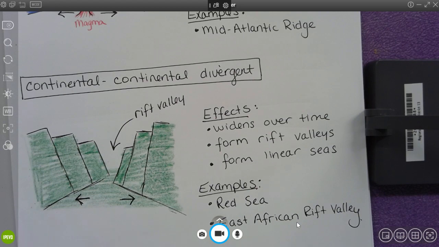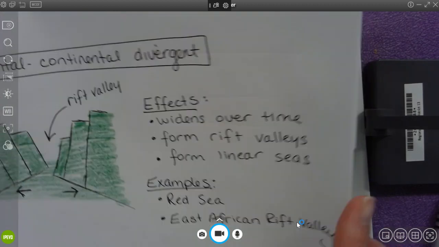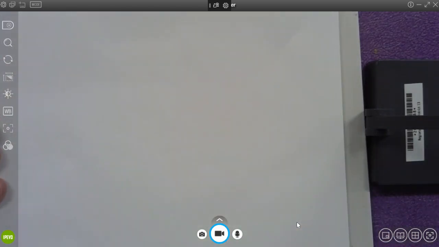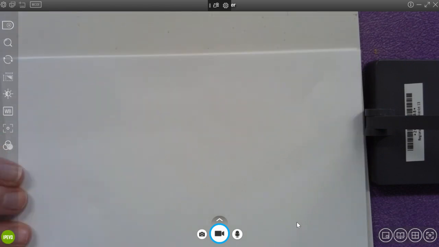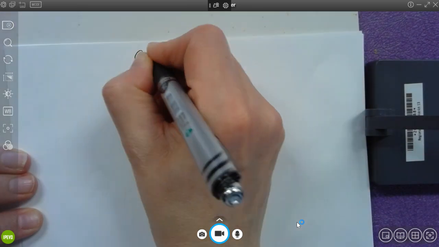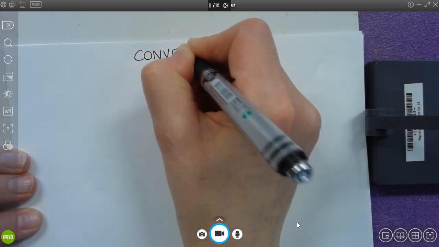The last type of boundary we're going to talk about is a convergent boundary. Of the convergent boundaries, there are actually three types, two of which are pretty similar, all right, and one is different. So I'm going to do that on a new page. So, convergent.